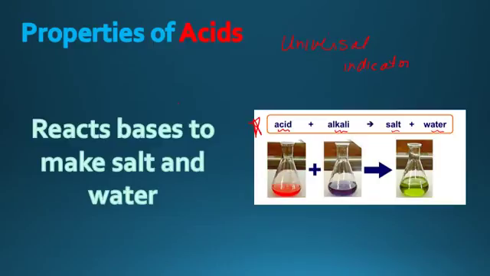In an acid it becomes red. Bases will turn blue when you put an indicator in it, and in neutral, the indicator turns green. You should probably write that down and know that.